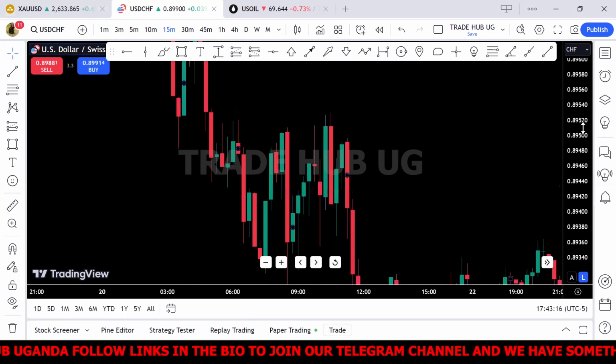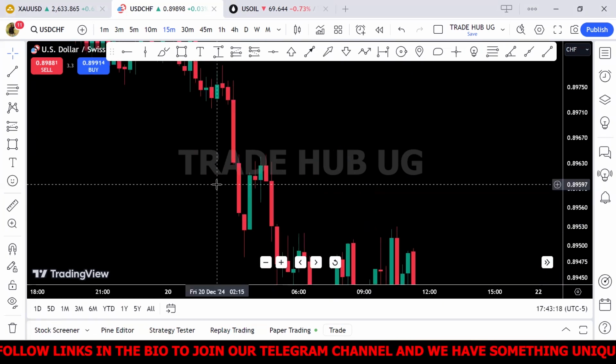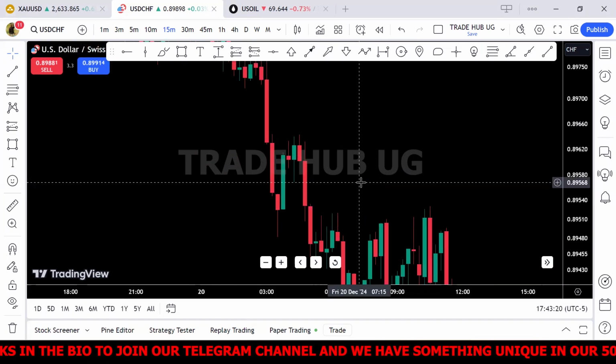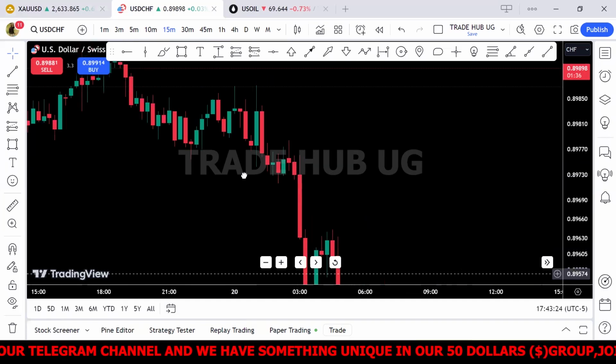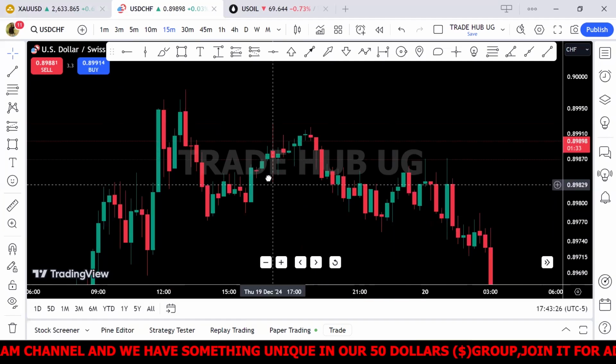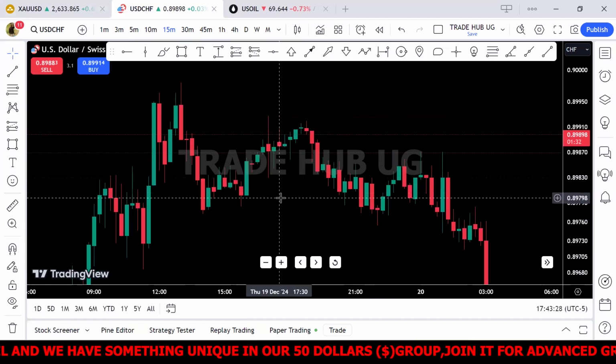Now let's look for the bearish version, because I always like that. The bearish version, this could work, but not all that perfect.